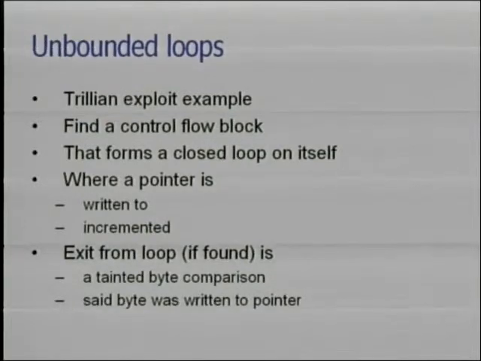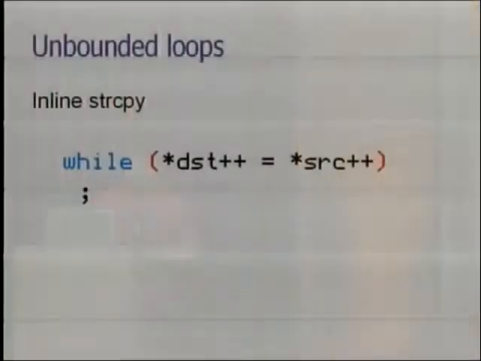The exit from the loop is a tainted byte comparison. So there's some user input involved in it. We track all tainted data, so we know if it's tainted or not. And that comparison that was used is being written to this pointer. So we know that user data is being written out to some location, it's being incremented, and that defines an unbounded loop.